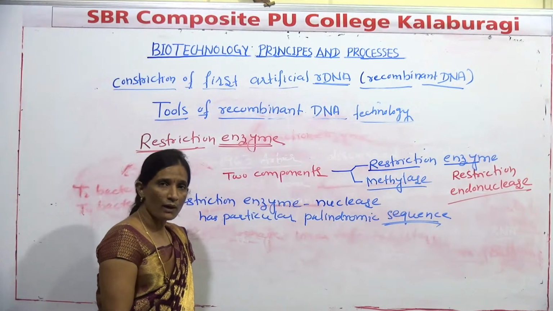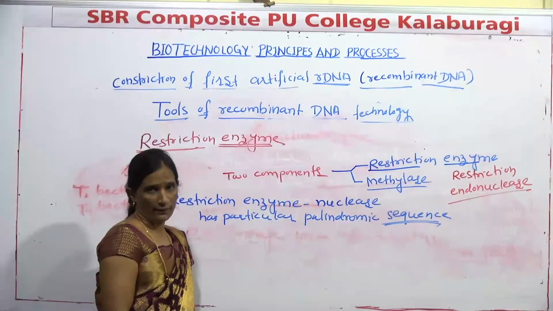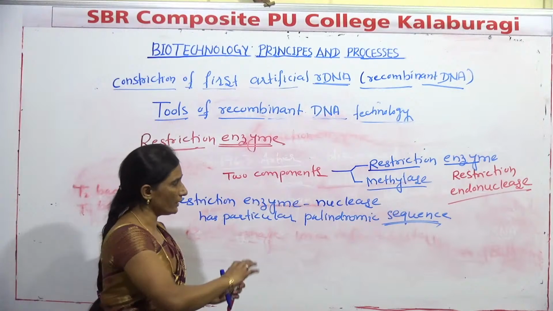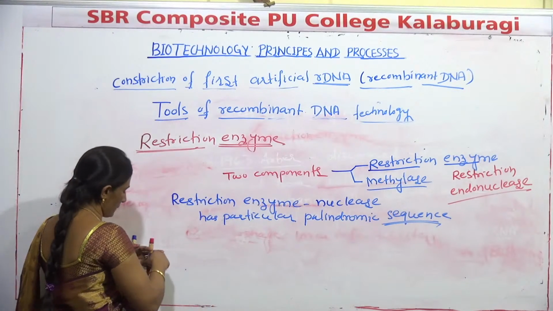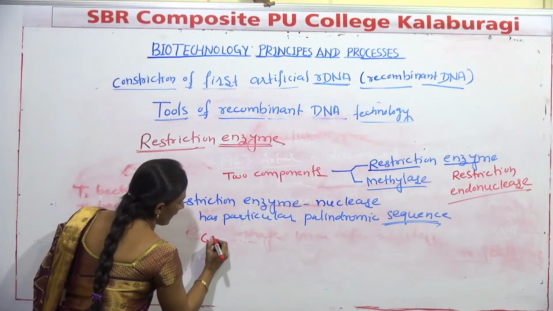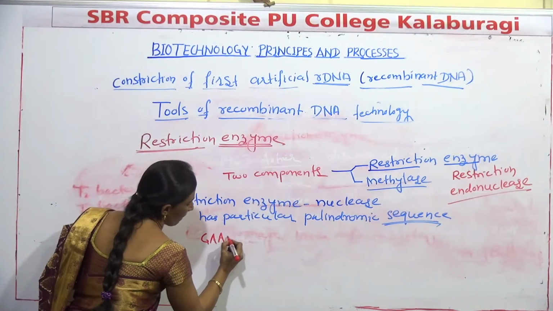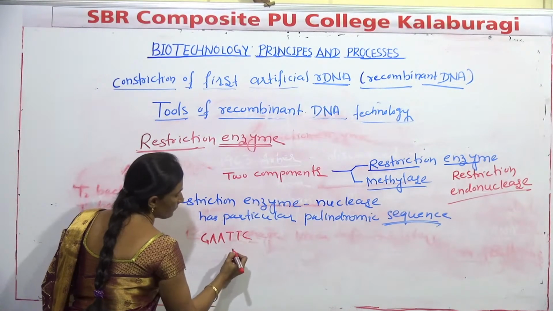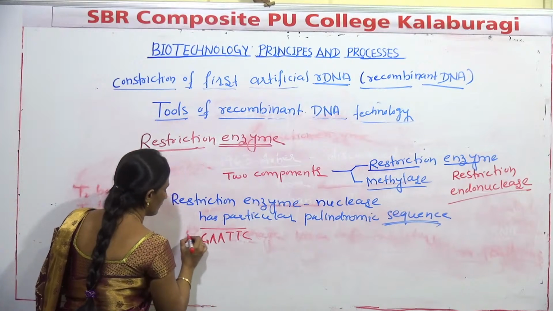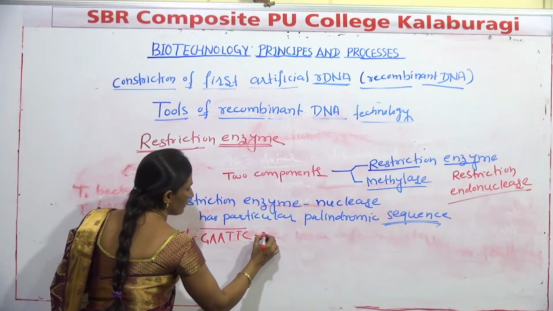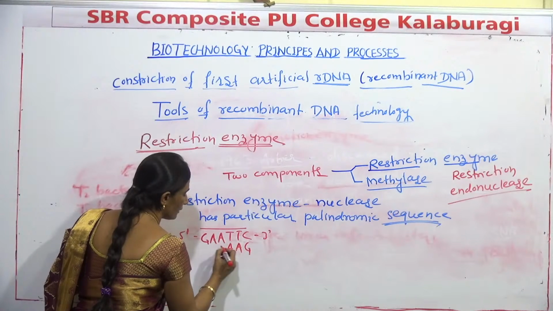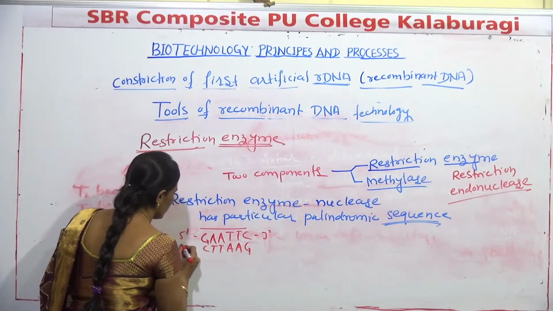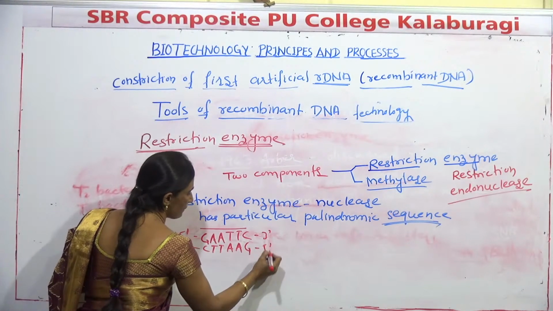Just before this, I'll give an example. GAA TTC, 5' to 3'. And this is the 3' to 5'.